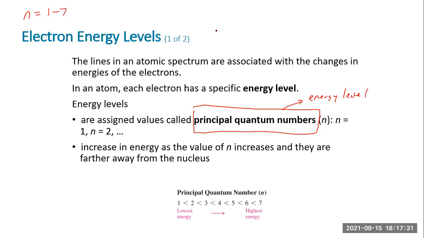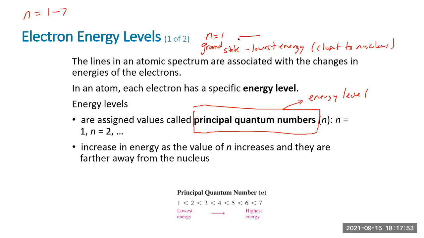When you have a value of N equals 1, that is what is referred to as the ground state, and that essentially is the lowest in energy. What that means is that energy level is the closest to the nucleus.